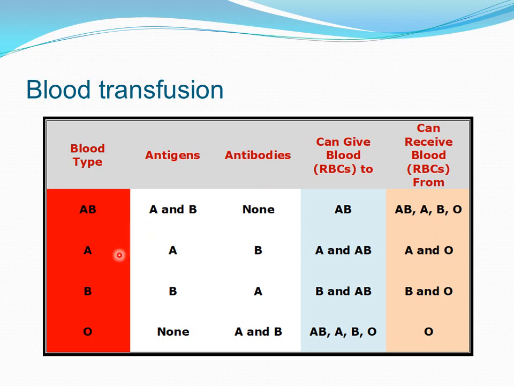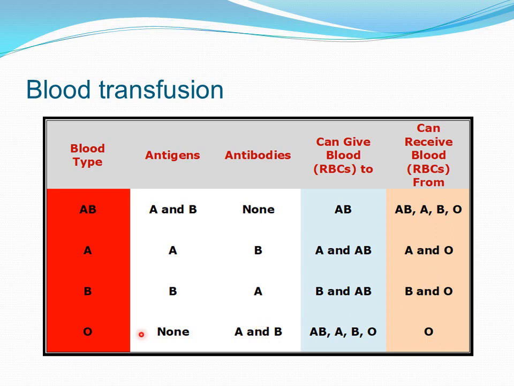Now next, let us move on to blood group A. Having antigens A and antibodies B, it can give blood to A as well as AB, and can receive blood from A and O. Now why O? We will learn it in the last part, because O can give blood to everyone as it is not having any antigen.